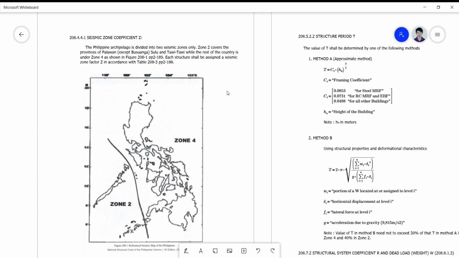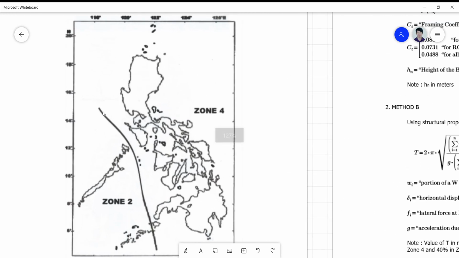So all those which are not part of Palawan, Sulu, and Tawi-Tawi, we automatically assume to be located at Seismic Zone 4. Tarlac is a Seismic Zone 4, while Palawan, Tawi-Tawi, and Sulu are in Seismic Zone 2. You can see in the map a subdividing line between Zone 2 and Zone 4, okay?